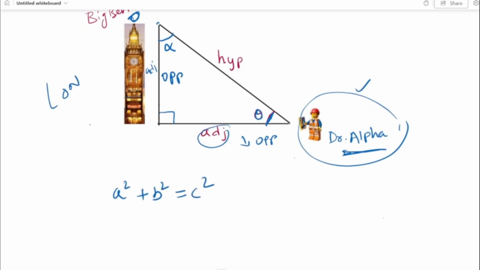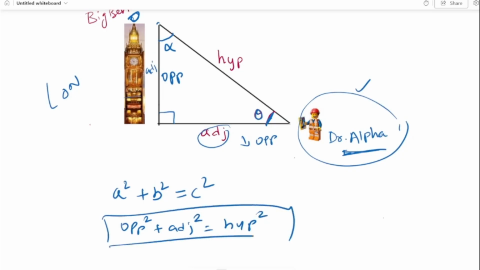Instead of that, we can also rephrase this using the sides above: opposite square plus adjacent square is hypotenuse square. This is more descriptive, so going forward in my tutorials, I'm going to use this.